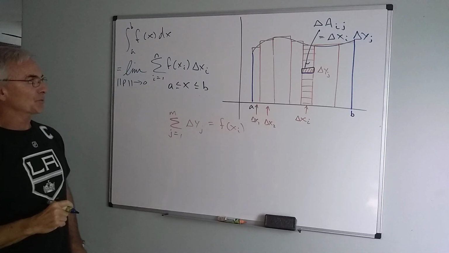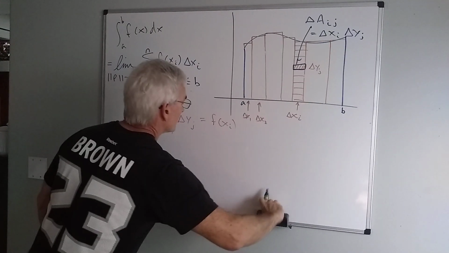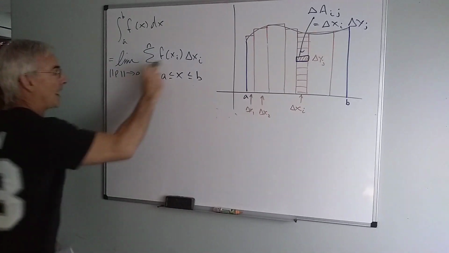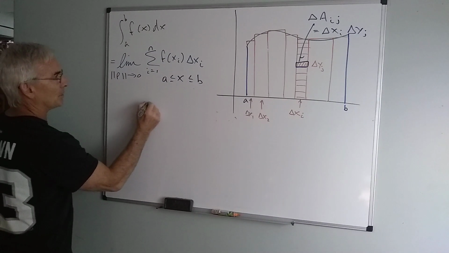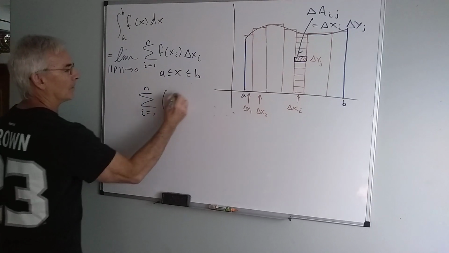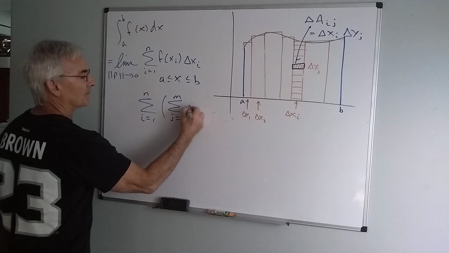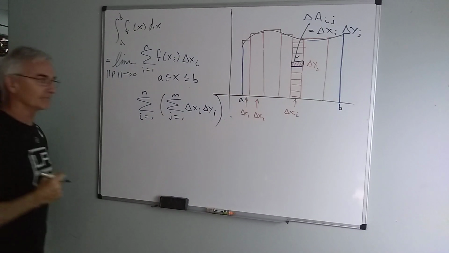So what I'd like to do is restate the Riemann sum using two sets of summations. So with this said, I can adjust this slightly and say the summation itself now would be the sum from i equal 1 to n of the sum of j equal 1 to m of delta xi, delta yj.